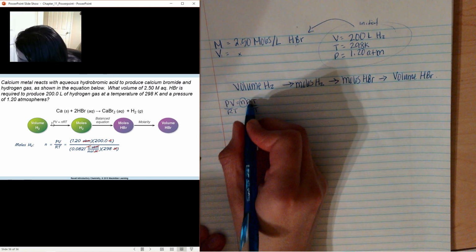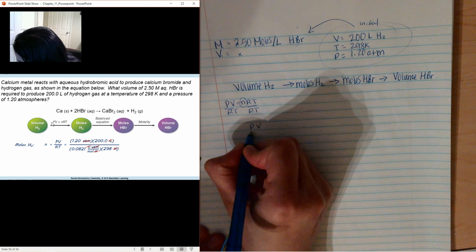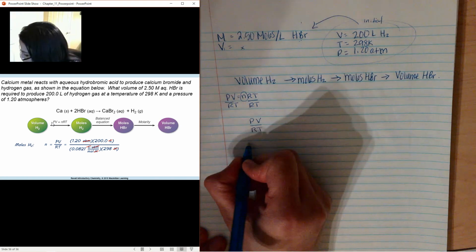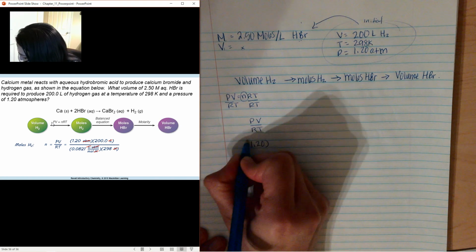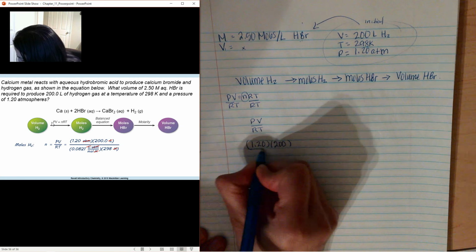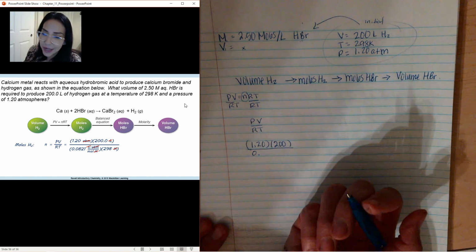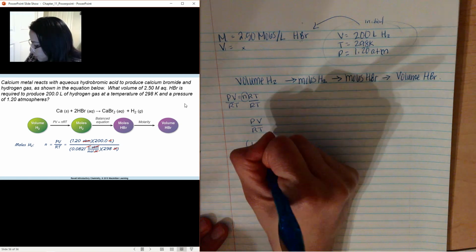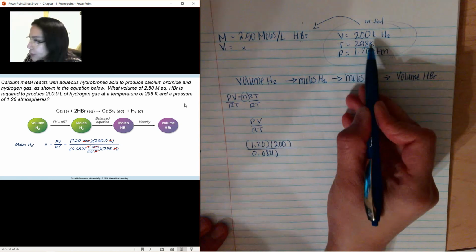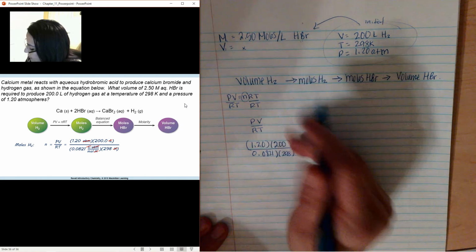In this first step, to get the number of moles, I have to get PV divided by RT. My pressure is 1.2, my volume is 200 liters, my R is 0.0821, and my temperature is in Kelvin, so I don't need to convert anything: 298.